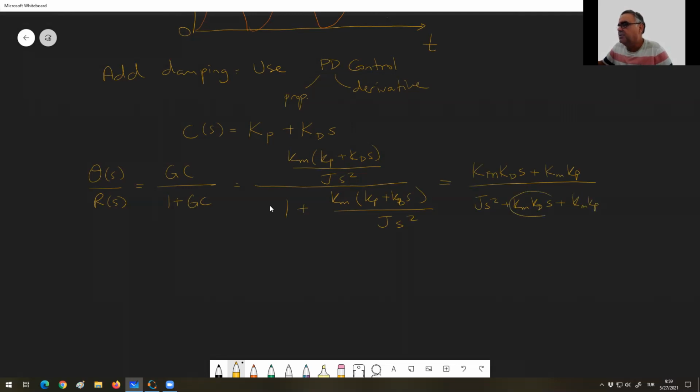Now this term is important. This is an S term. This is the damping term. You add damping to your system so that your system is going to become damped.